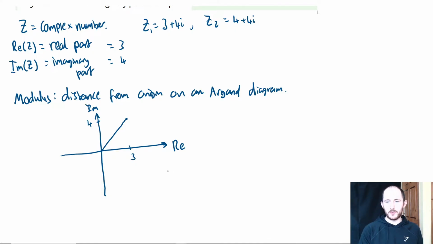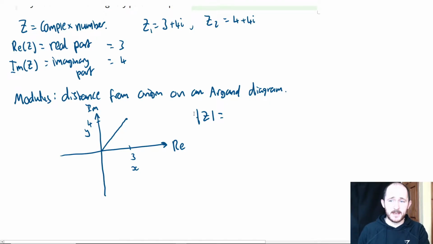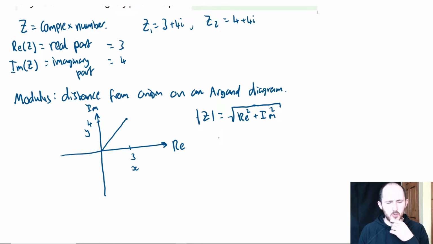So in general, you would have an x and a y value. So the modulus is equal to that. Again, the notation is the same as with a vector. You'd put these two parallel lines to denote that it's the modulus, and all you do is take the square root of the real part squared plus the imaginary part squared. Okay, so it's not too bad. It's exactly the same as vectors, realistically speaking.